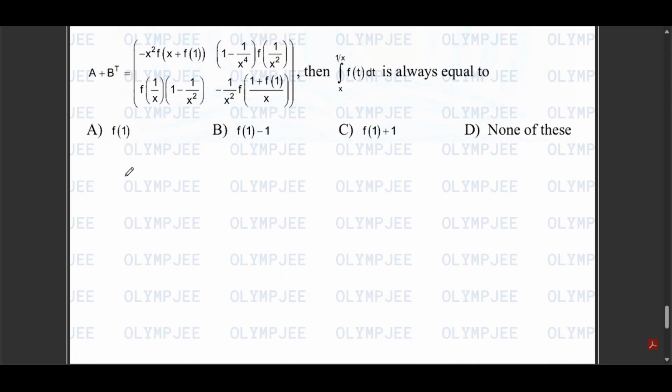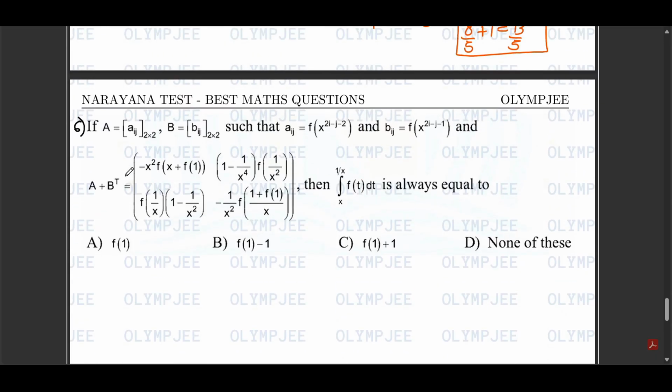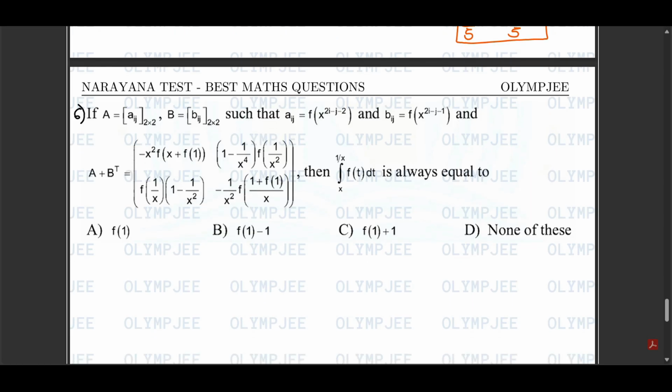So let us first write what will be the A and B matrix. Aij is given as f of x raised to power 2i minus j minus 2. So A11 will be equal to f of x raised to 2 minus 1 minus 2, so f of 1 by x.